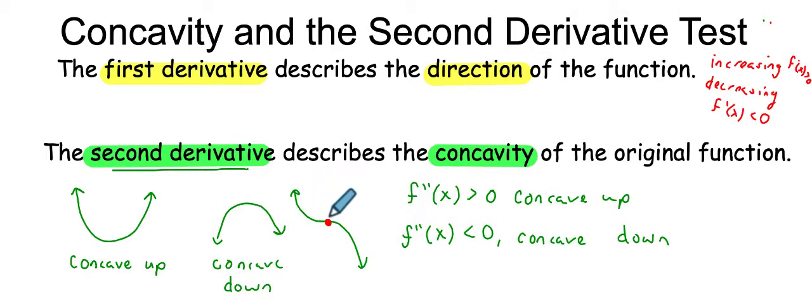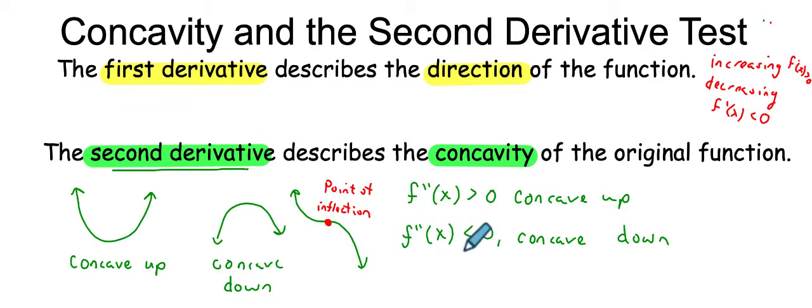This point where the concavity switches is called the point of inflection. So the points of inflection are the points in which the concavity changes from either concave up to concave down or concave down to concave up. Those are our points of inflection.